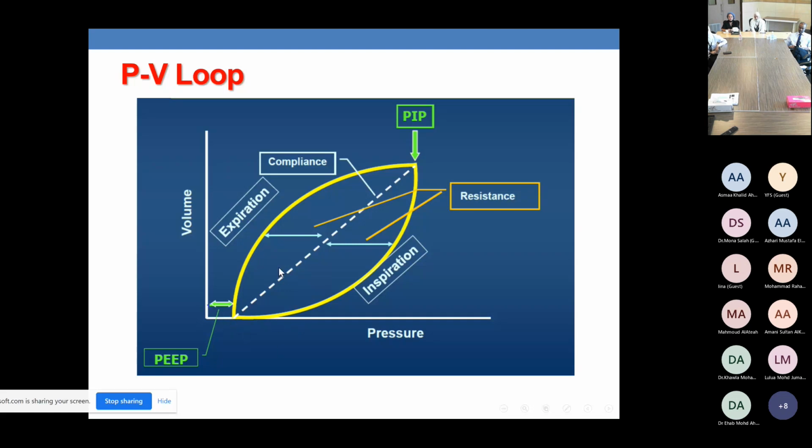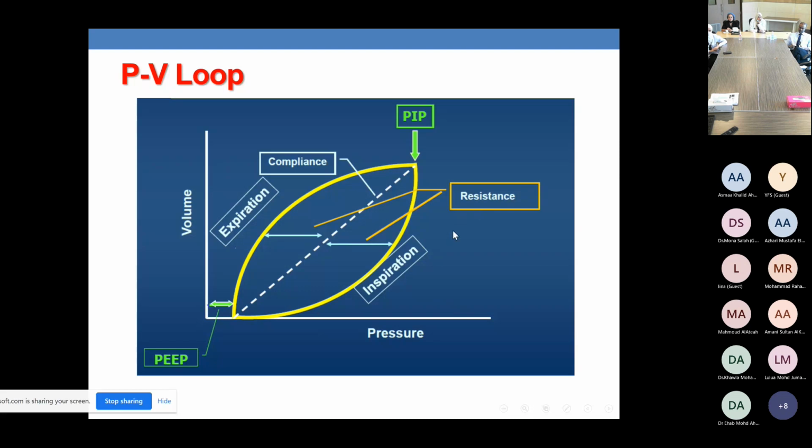So this slope here is representing the compliance. The more to the left, the better the compliance. What does it mean? It means less pressure to generate more volume, so better compliance. If it is shifted to the right, it means bad compliance: very high pressure to generate less volume.